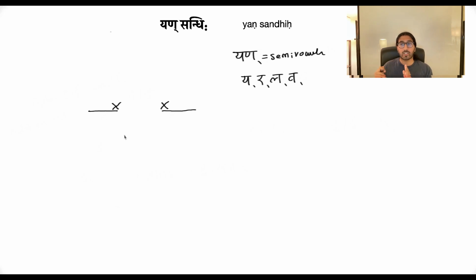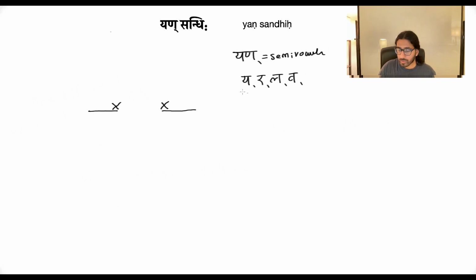Okay? It's not an internal sandhi, which involves starting from the root and making one word internally. This is an external sandhi. There's already existing things and you're putting them together. Okay? So here we have the end of the first word and the beginning of the second word. Now, there's going to be two conditions that one must identify in order for the yan sandhi to occur.